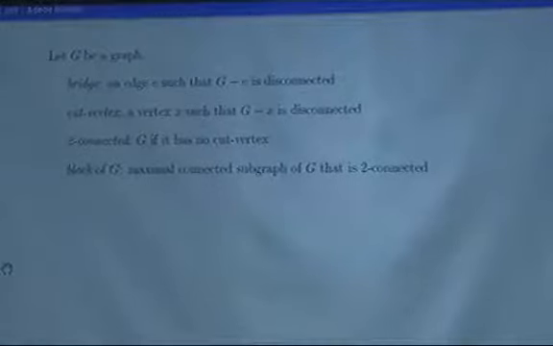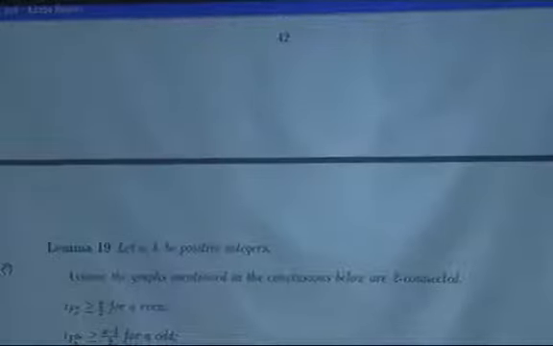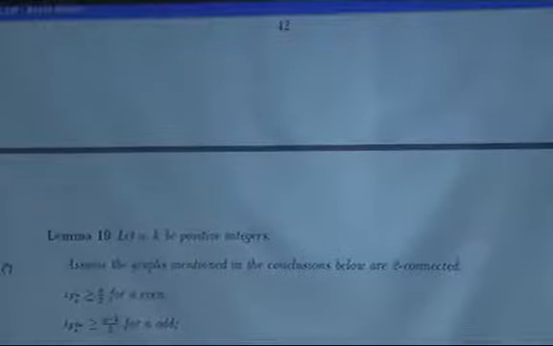And block is the maximal connected subgraph, which is 2 connected. When the component is 2 connected, you have some lower bound of its independence numbers. Okay, I say that by using the result of the previous problem, I could solve out this problem.